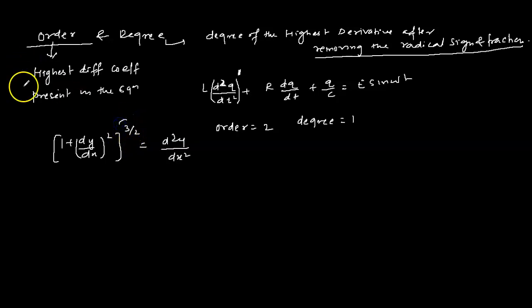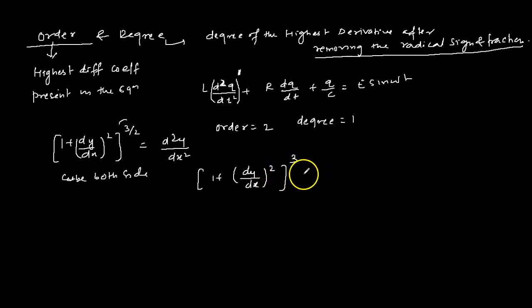I will cube both sides. So I can write (1 plus dy by dx whole square) whole cube is equal to (d square y by dx square) whole square.